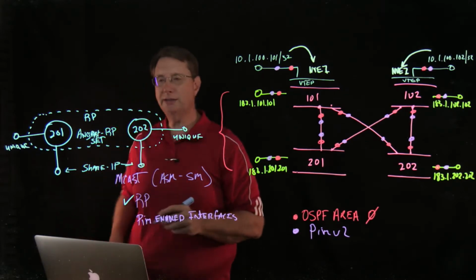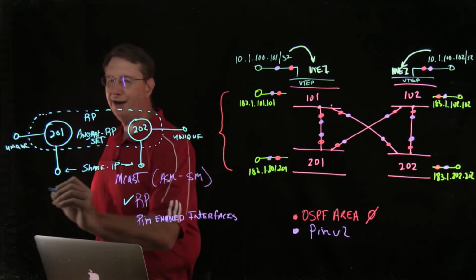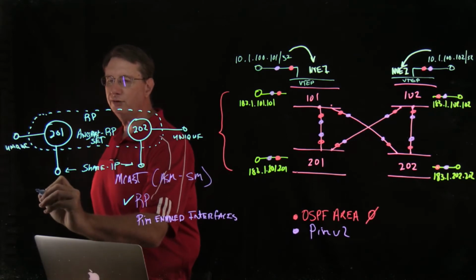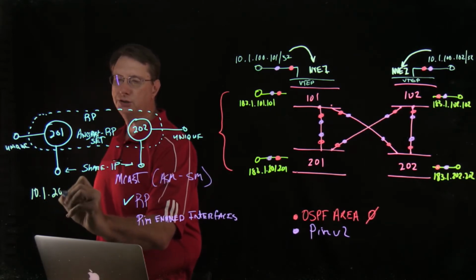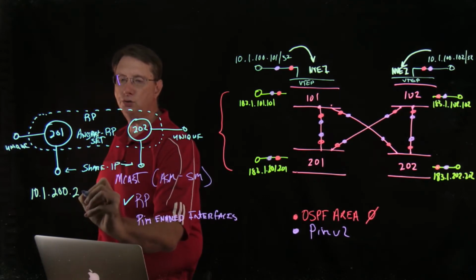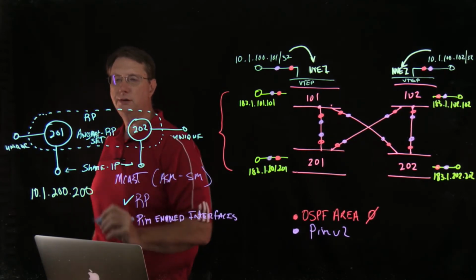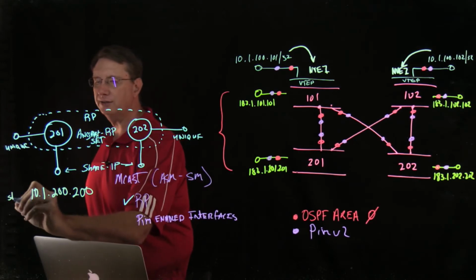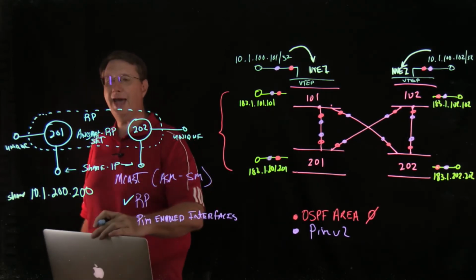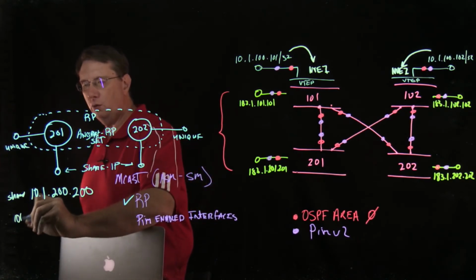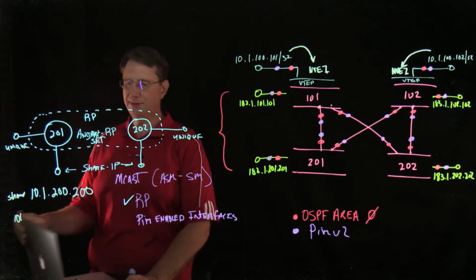So I'm going to create a shared address. The shared address will be 10.1.200.200. I'm going to create two unique addresses, one for Leaf 101, and I'll just move my laptop out of my way here.